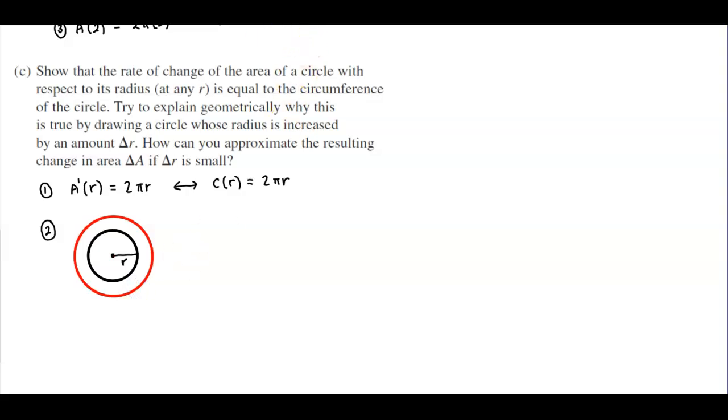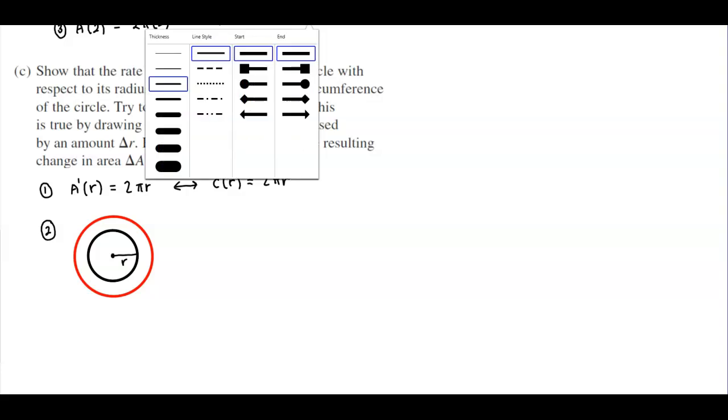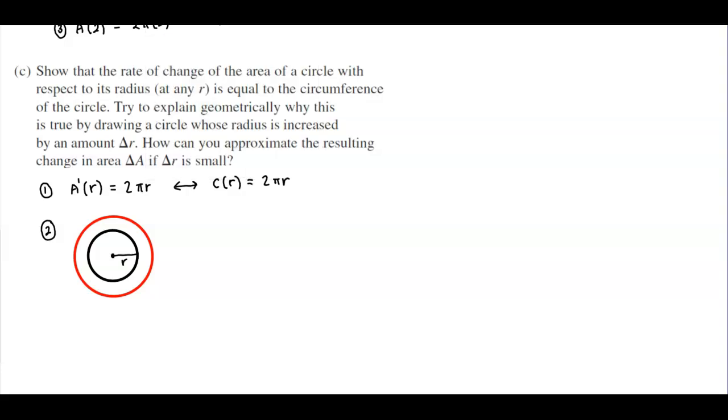What does that tell us? Well, that tells us that we have now a new radius, and that radius is going to be r plus, since this represents the change in r, r plus the change of r.